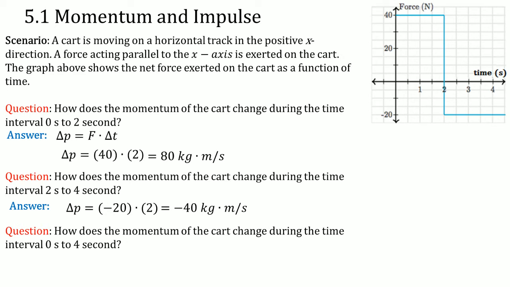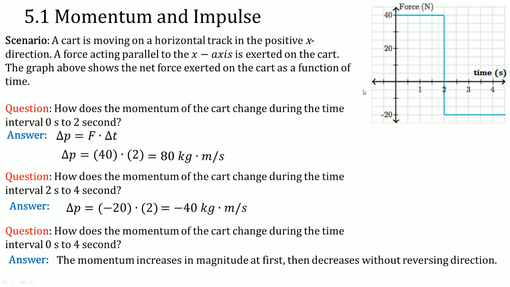The last question: how does the momentum of the cart change during the time interval from 0 seconds to 4 seconds? Rather than just redo the problem, you can just combine your answer from the top and the middle one. The answer: well, the momentum increase here, we saw that as 80 kilogram meters per second.